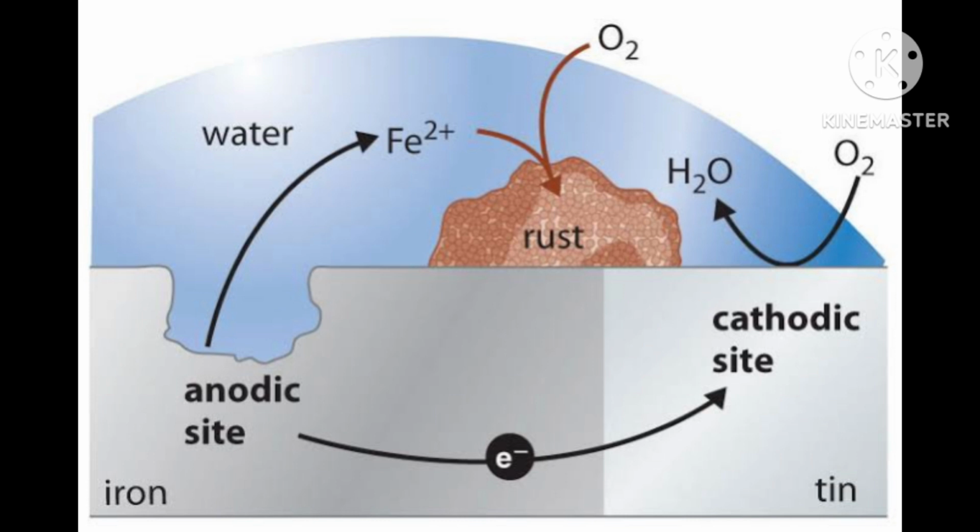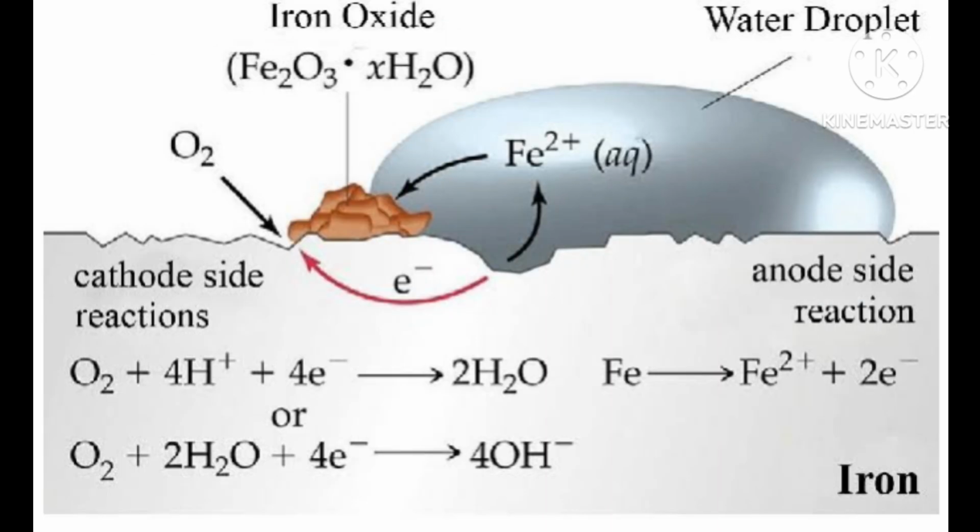The ferrous ions are further oxidized by atmospheric oxygen to ferric ions. It will not stop at giving 2 electrons, Fe becoming Fe2+ plus 2 electrons. Further it can oxidize. Ferrous ions are further oxidized by atmospheric oxygen to ferric ions, which come out as rust in the form of hydrated ferric oxide, Fe2O3.